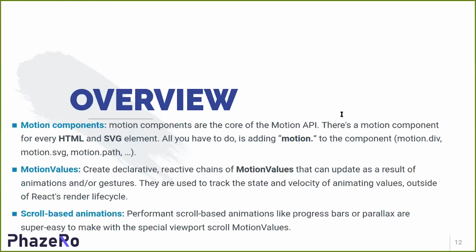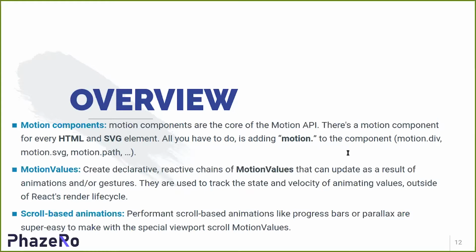Just a note that we should take into consideration is that we should turn only the elements we intend to animate, because turning all the elements, even ones we don't give any motion, will impact the performance of the web app or the web page. But when we take care of that and turn only the elements we need to animate into motion components, it will be pretty smooth and pretty performant.